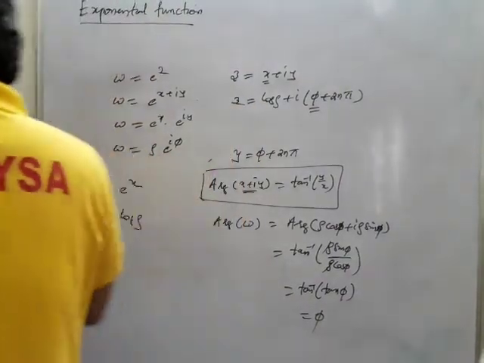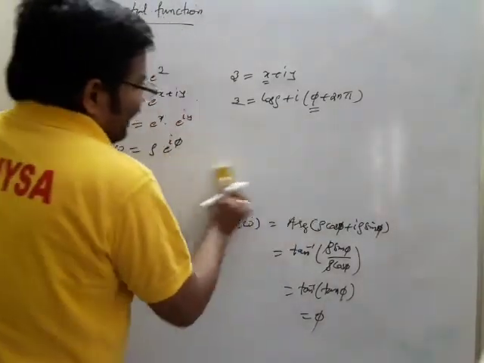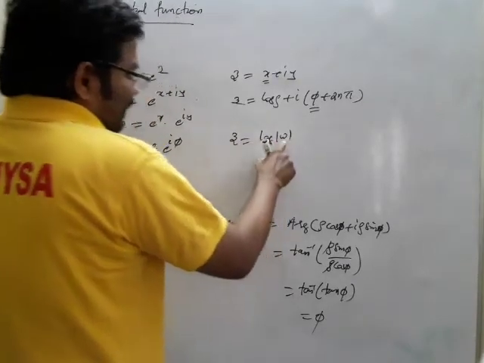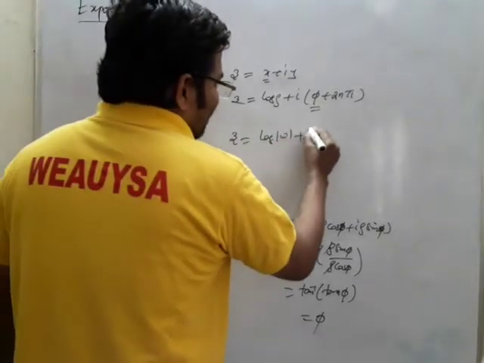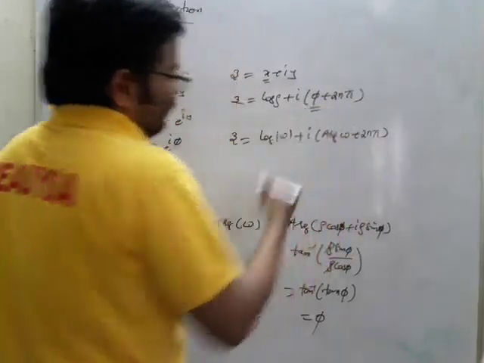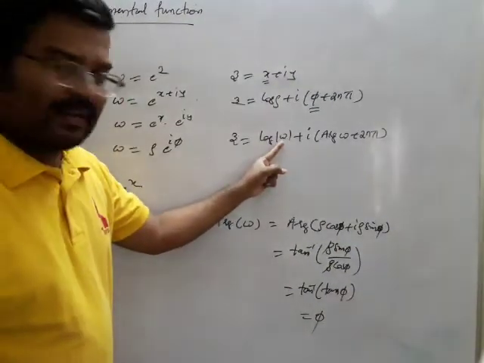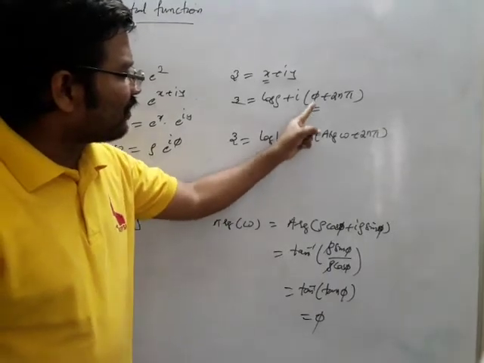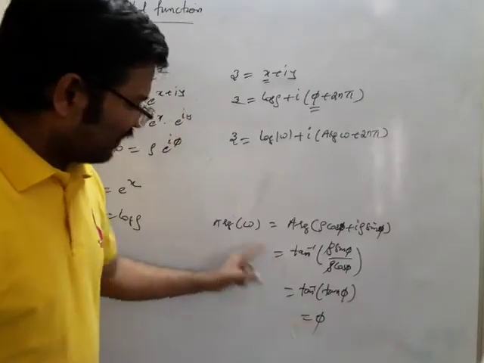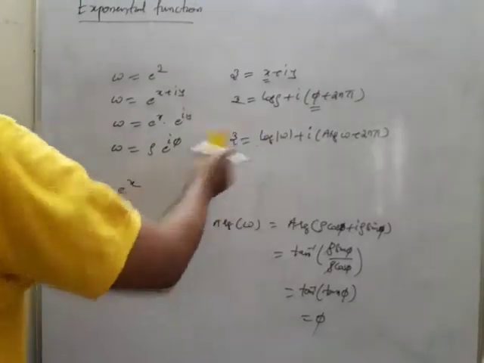So I'll write z = log w, that is log ρ, plus i times the argument of w plus 2nπ. Here log ρ means log|w|, and φ is the argument of w. In the place of φ we have written arg w + 2nπ. So z is equal to what?